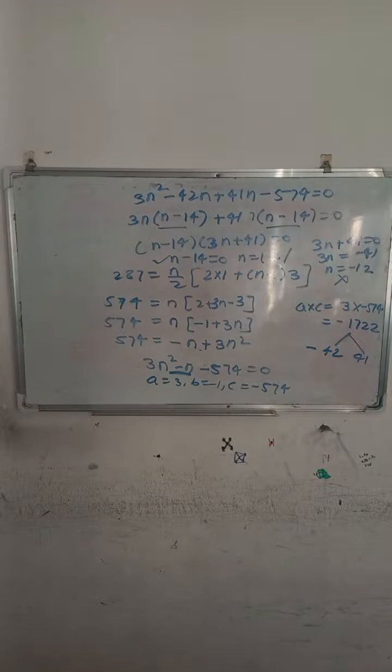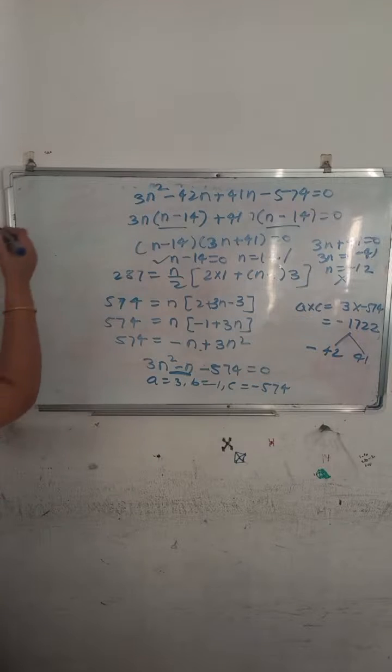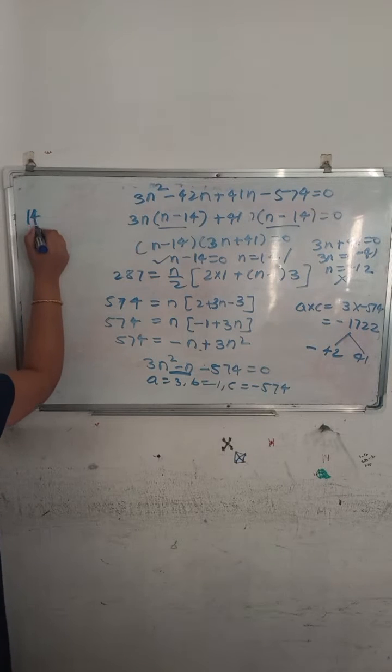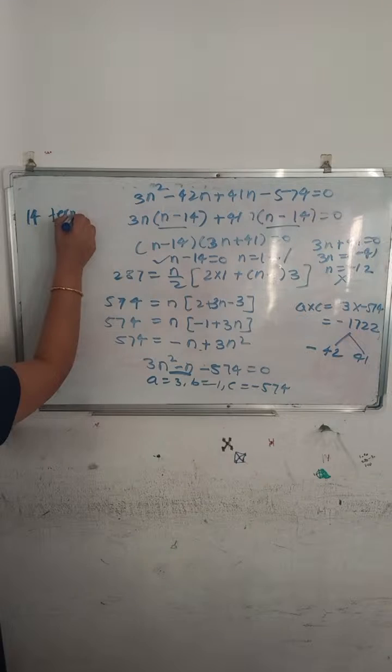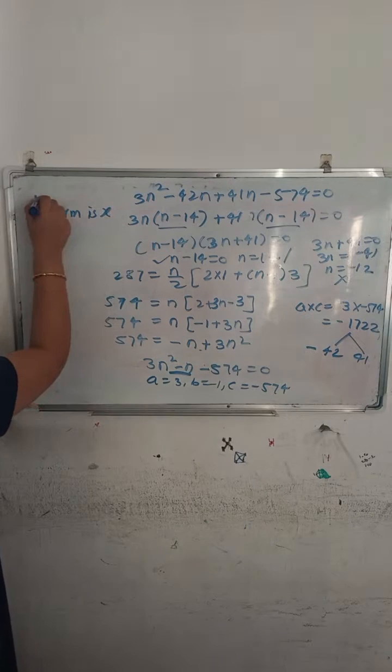Okay, 14th term. So the 14th term is nothing but what here? a14. That is what they are asking. Yeah, the 14th term is x. They are saying the 14th term is x here.